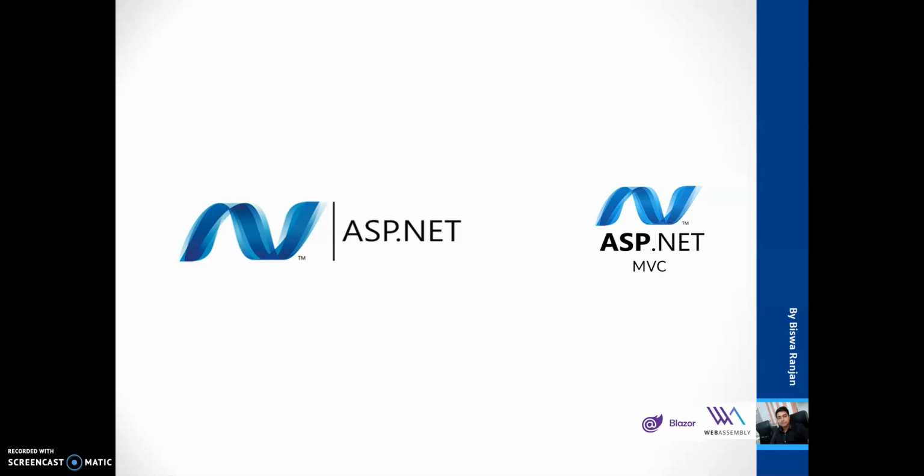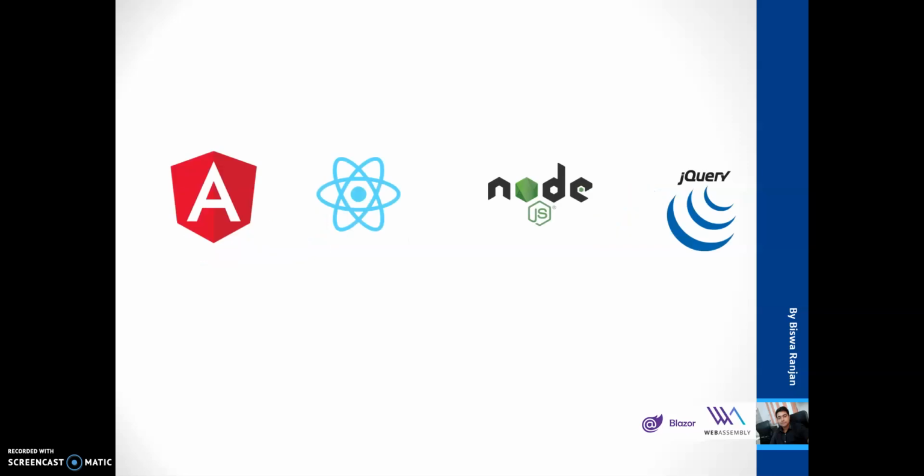We write our code in C# which runs on the server end and sends the response to the client end. Okay, performance impact is there. Next, it came with Angular, React, Node or jQuery, all the JavaScript frameworks. Much faster, much easier to use, responsive, everything.